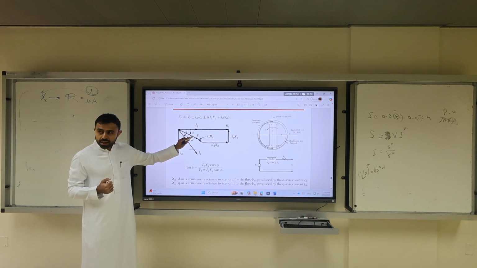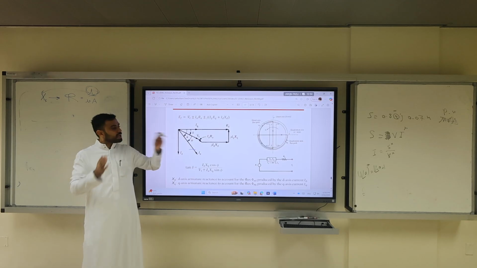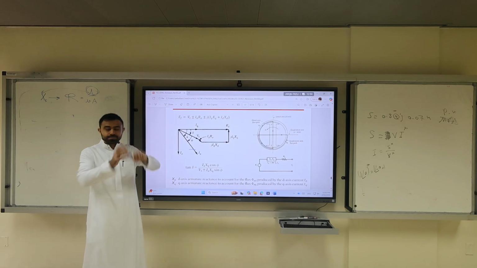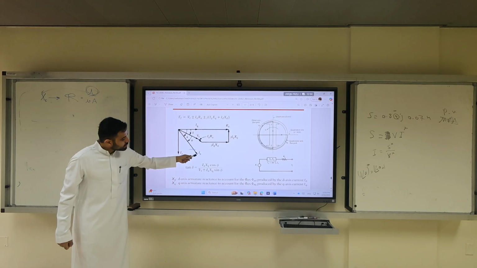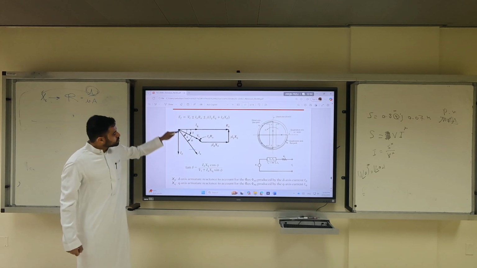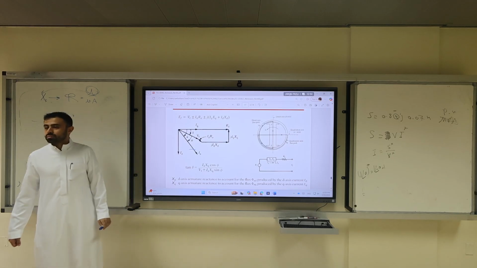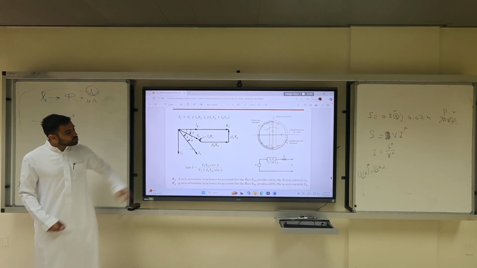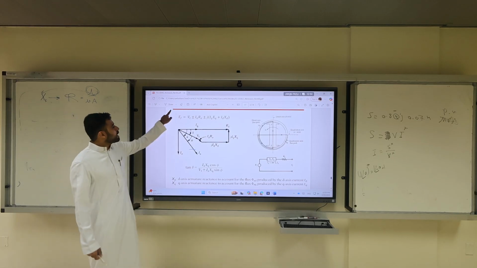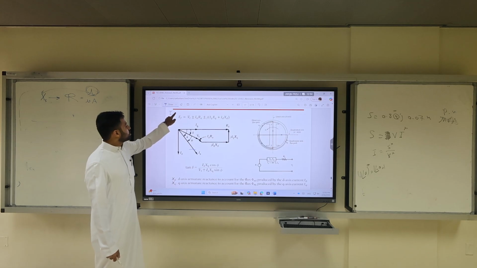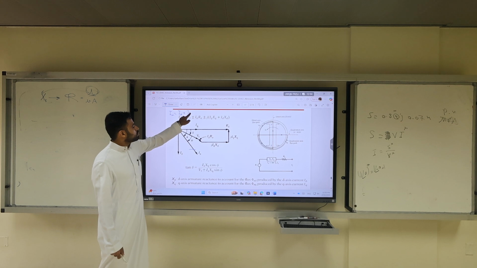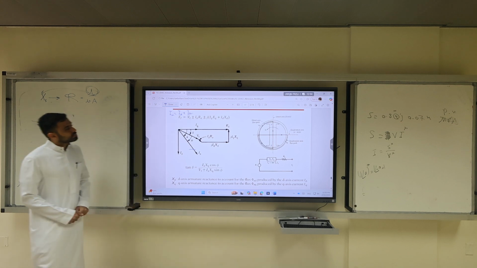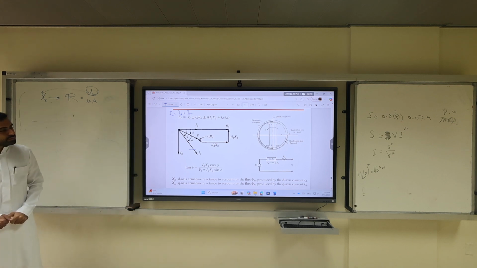Generator, because the delta itself is positive from E_F. This is my I_A. Can I decompose it into two components, D and Q? If you do the vector calculation, I_A is the vector I_D plus the vector I_Q. Can I do that? Yes.